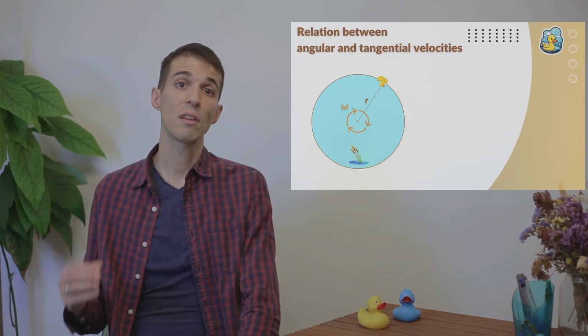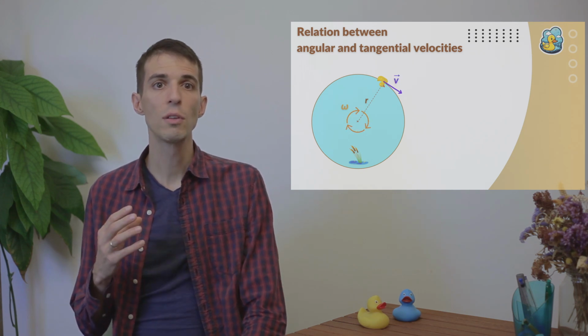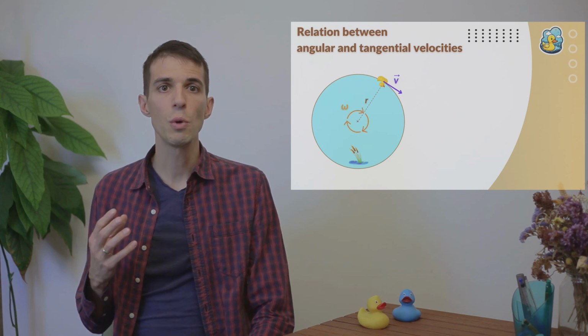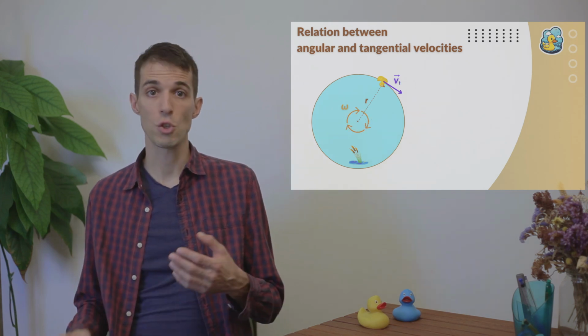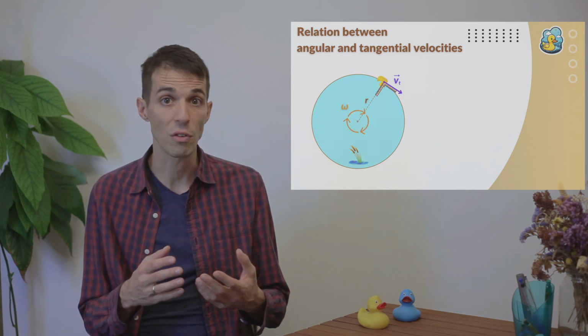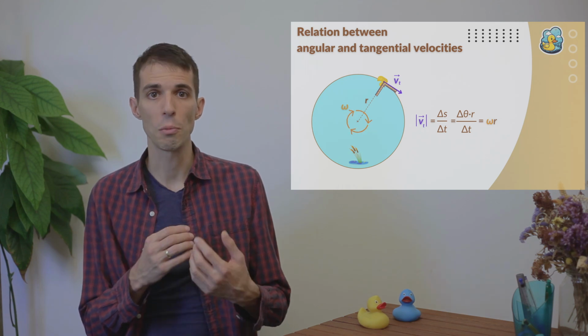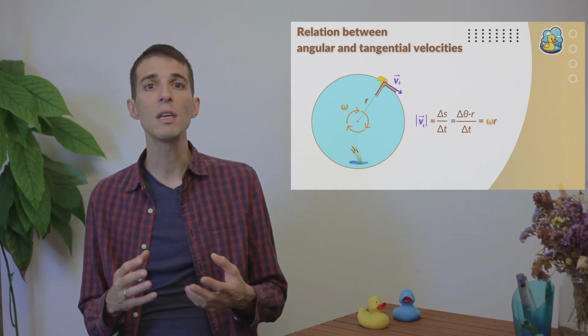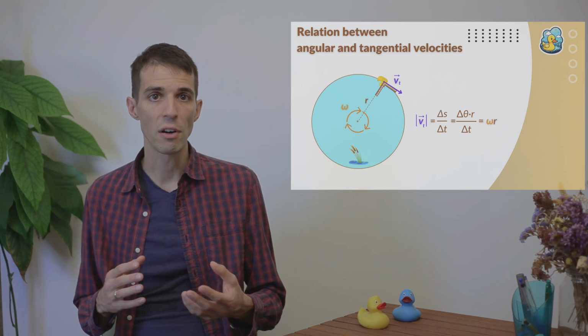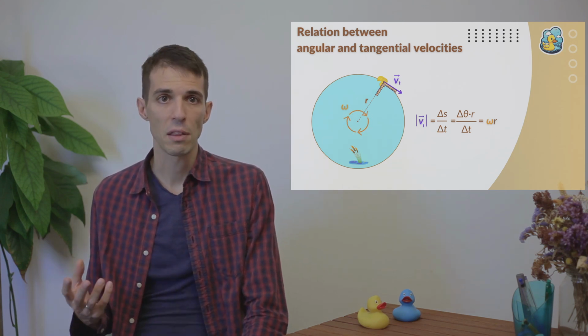Now let's connect angular velocity of an object moving in a circle to its linear velocity, which in this case we can also call tangential velocity, because its direction is always to the tangent of the circle. The two are related by this formula, v equals omega times r, where r stands for the radius of the circular path.